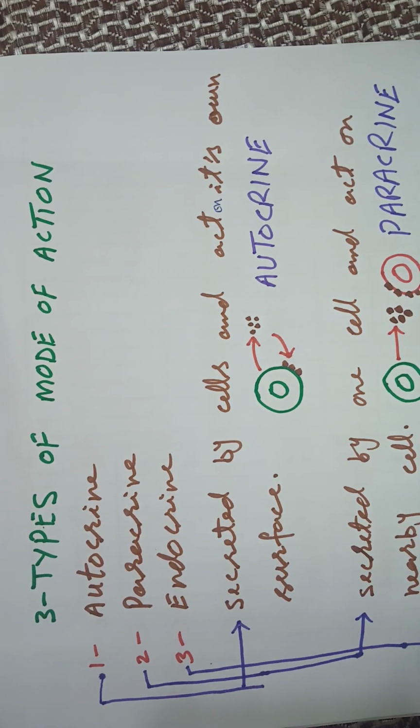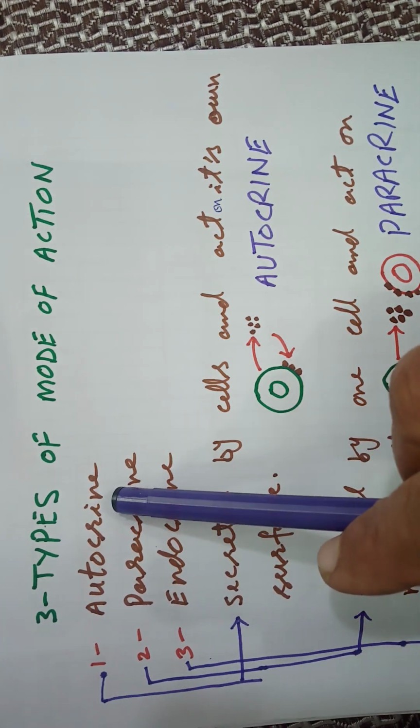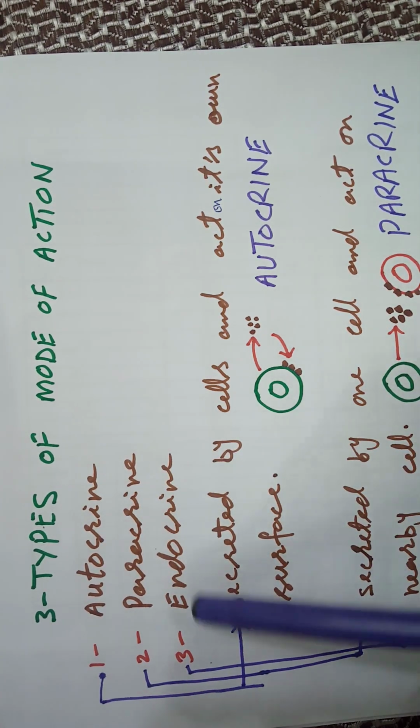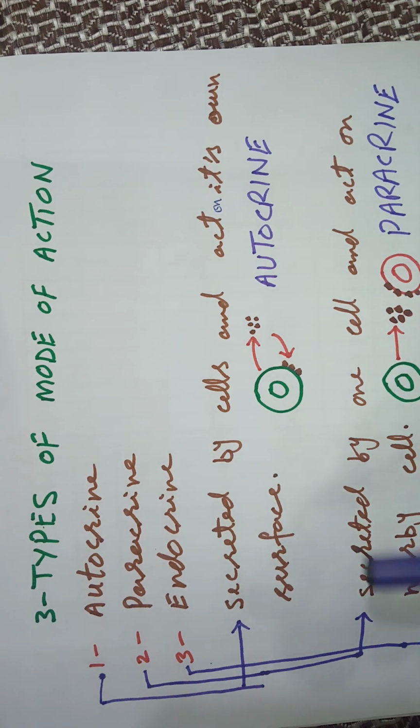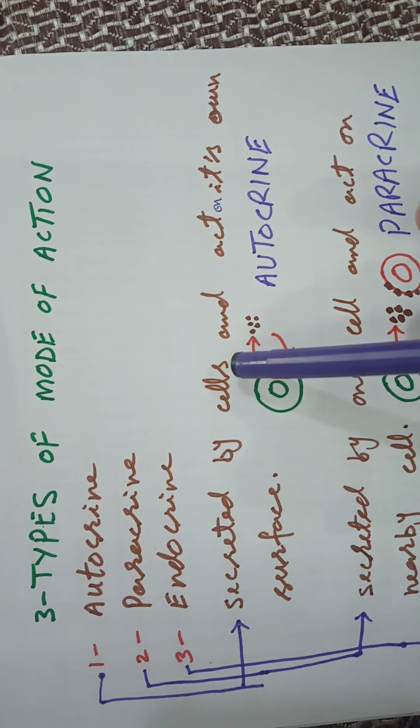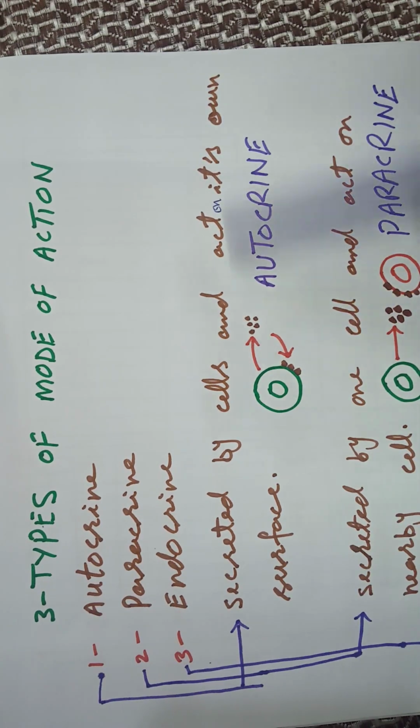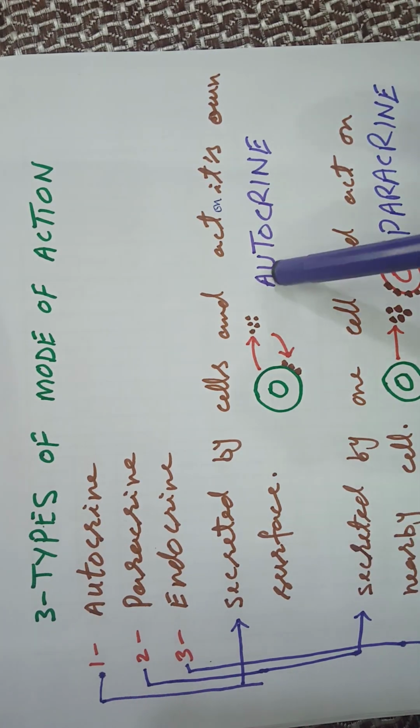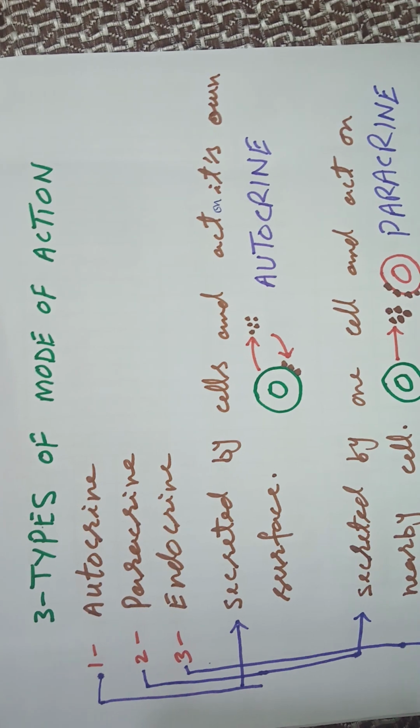There are three types of mode of action of cytokines. Number one, autocrine. Number two, paracrine. Number three, endocrine. Autocrine means cytokines secreted by cells act on their own surface, like in this diagram.